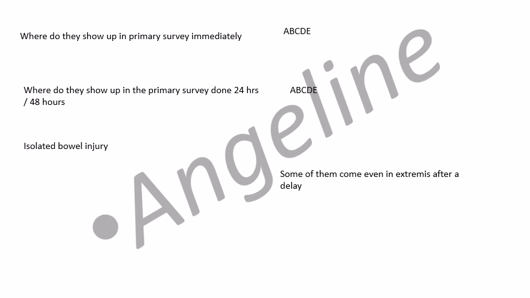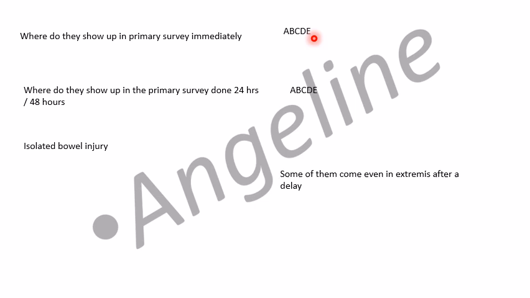So where do they show up in the primary survey? Immediately in the ABCDE. They may show severe intraperitoneal hemorrhage in the C itself, or there can be an external wound, bleeding. Now, suppose he's treated somewhere else and he is sent to you after 24 hours, you will again do the primary survey. Each time you encounter, you will do a primary survey.